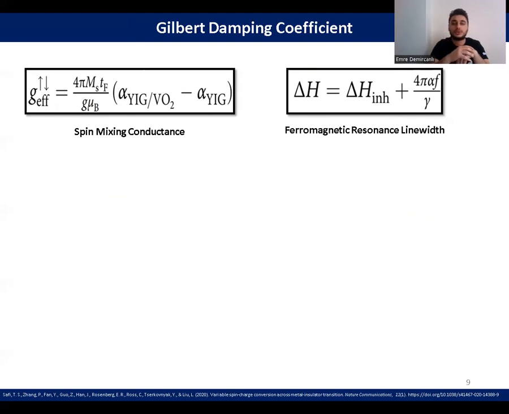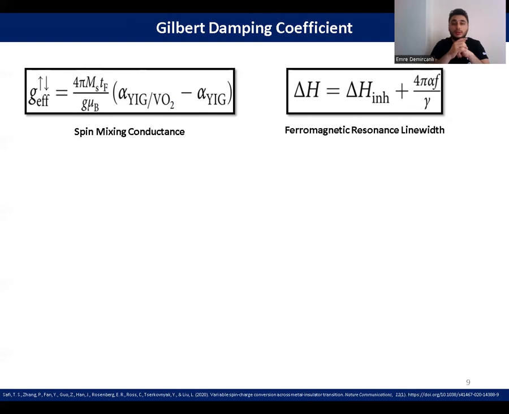In this expression, g is the Landé factor, mu B is the Bohr magneton, and alpha is the Gilbert damping coefficient for vanadium dioxide YIG bilayer and bare YIG. And finally, tF gives the thickness.